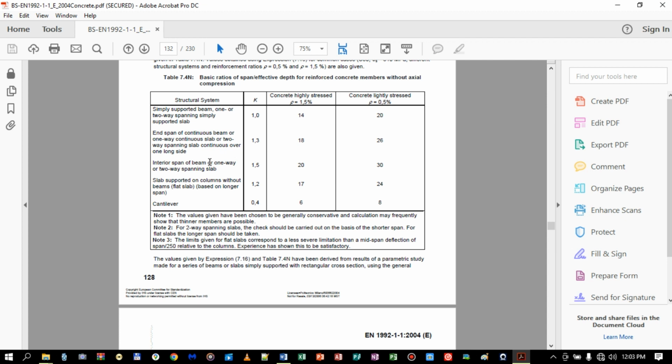We design hollow block slabs as one-way slabs, and we designed for an end span such that our basic span to effective depth ratio will be 26 with a factor 1.3. That will be our start point.